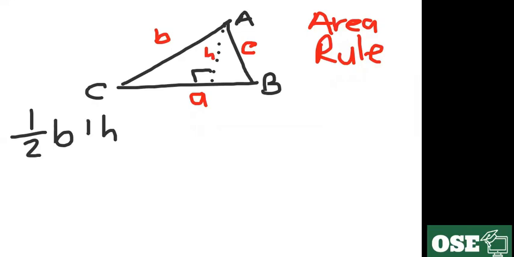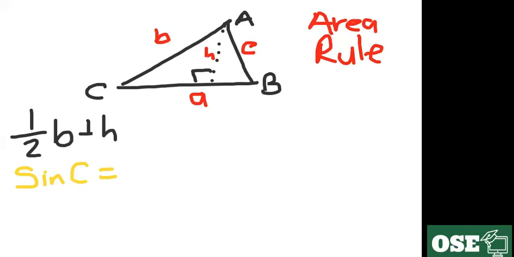Perpendicular height. So if you take, let's take C, for example, they were going to say sine C, right? So remember, according to the rules of SOHCAHTOA that we did earlier this week, sine equals opposite over hypotenuse.